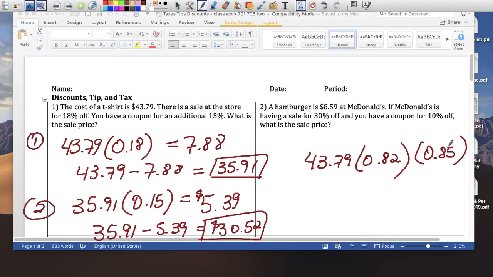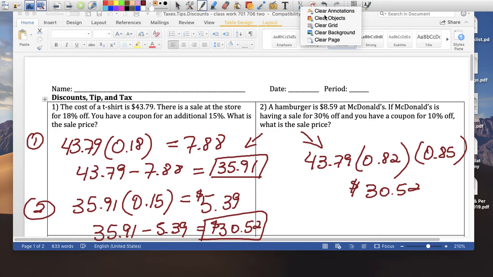And if you did that, you will see that you actually get the same answer: times 0.82 times 0.85, you get $30.52. So this is the more direct way of doing things, and this one, if you want to break it up into parts. So however you want to do it, it's fine.